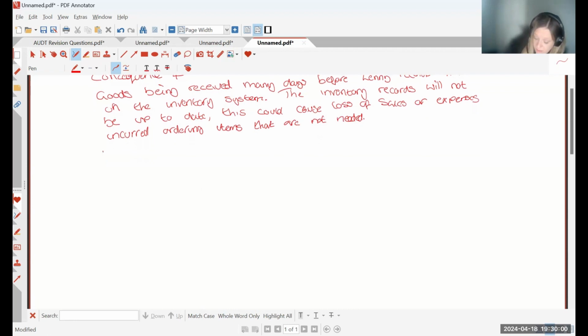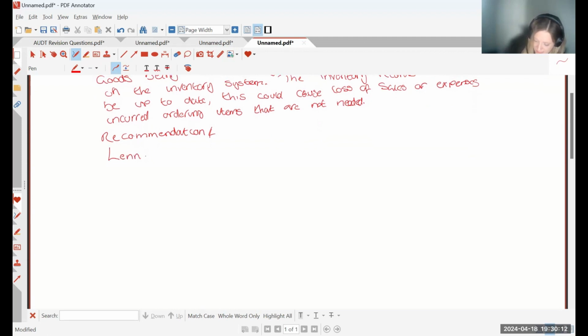Again, quite a simple recommendation, I think, quite an obvious one, especially if you've done an ACT. So recommendation 4, Lenny should be updating the inventory system with goods received as soon as possible.